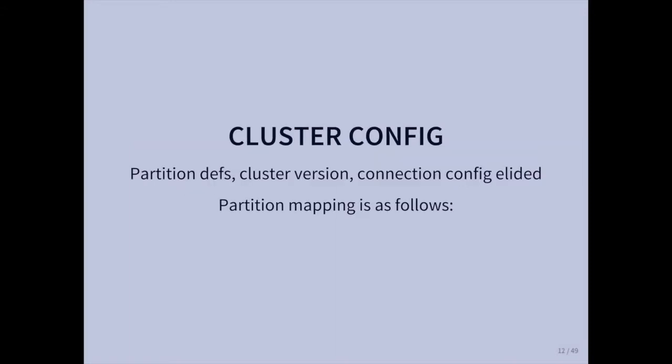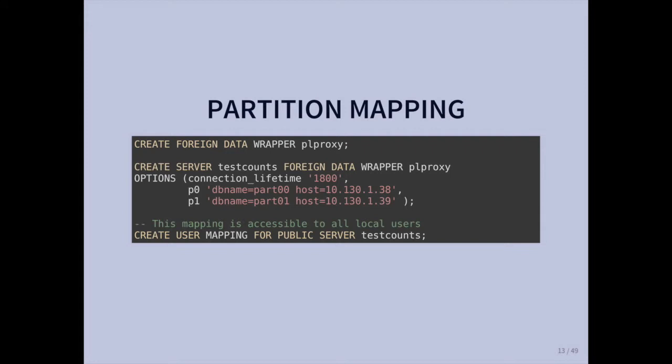And then connection information, like how long your connection pool lives. A partition mapping looks kind of like this. You have create server, and server is a keyword for PLProxy. It's a foreign data wrapper, of course. We set our connection lifetime, and here's our actual mapping. This is a PLProxy ID, and it gives each of the actual database names and the host name it's connected to. And then we set the visibility for users or roles on that system.